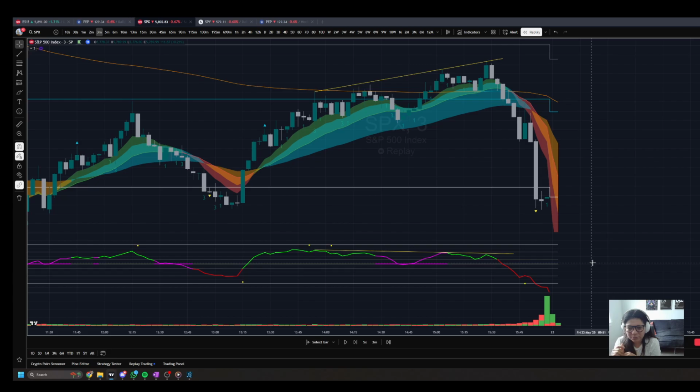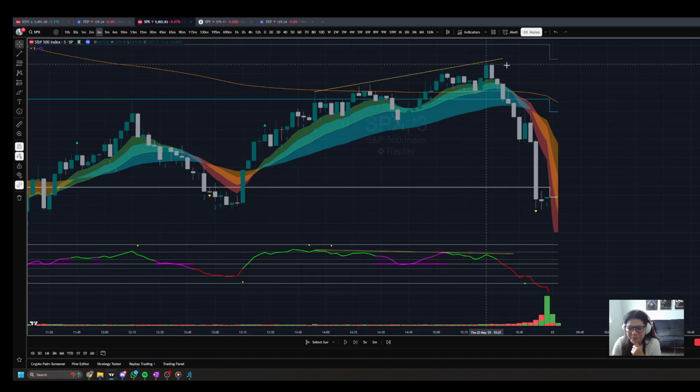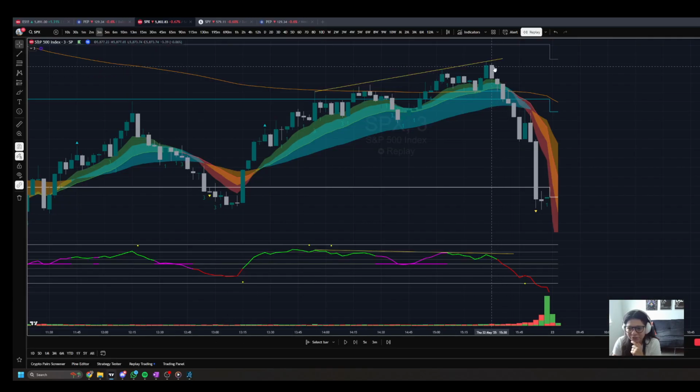So basically, what I'm looking at in these end of day moves is that divergence between these two. I'm looking at what's on the leaderboard, and if there's a lot of things in the money in the leaderboard that are calls, then maybe I'm like, yeah, they're gonna try to make those go to zero.